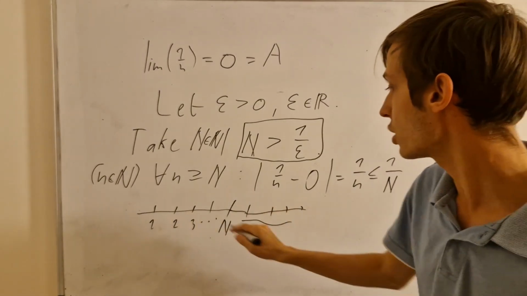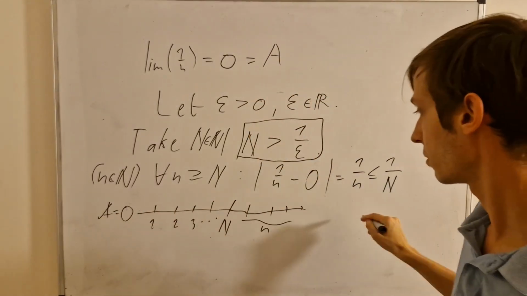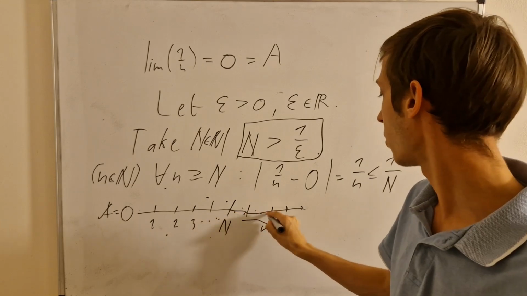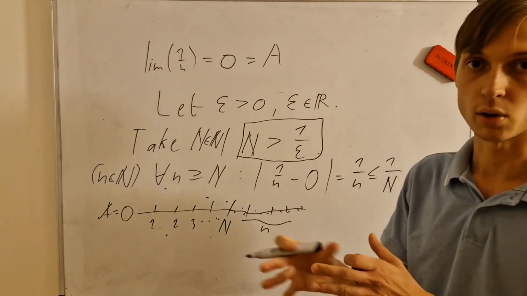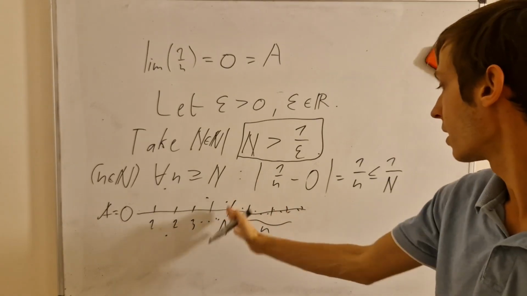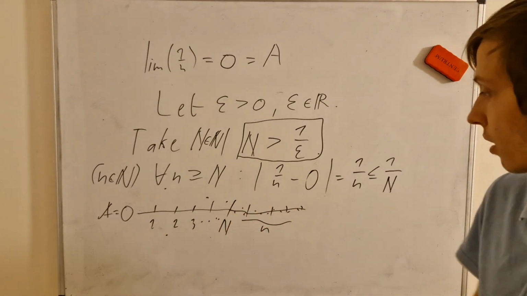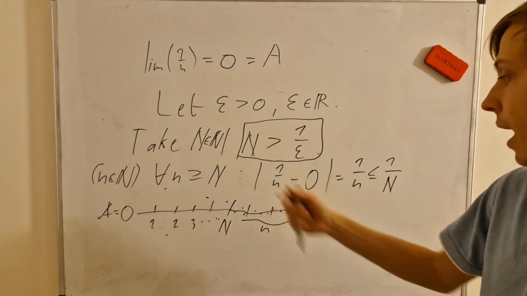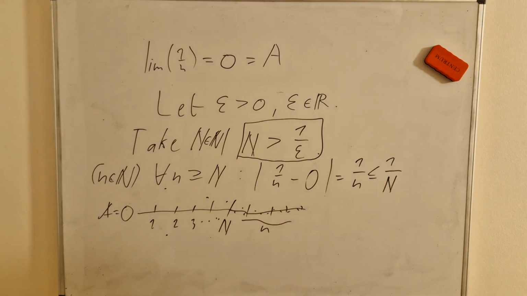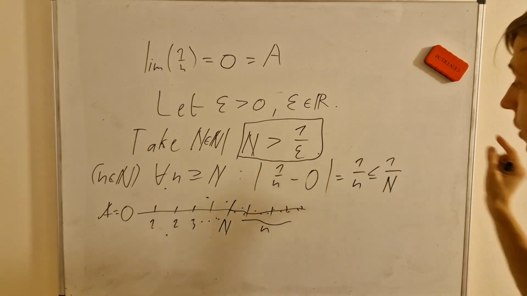If our convergence value a is 0 this time, on the x-axis, the values were jumping, but suddenly after capital N, they're very small, smaller than any chosen epsilon. So after uppercase N, for lowercase n's that are higher than that boundary level, we'll have that this difference is smaller than epsilon, but we have to get there.